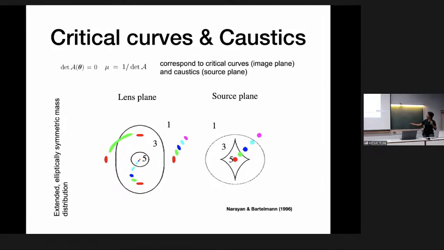You can see in the image plane there's only a single image. As it goes closer and closer, you can start to see that multiple images are being formed. Similarly for the red, which coincides with the lens center, you can see the images being formed at different angles, and the number of images has increased.